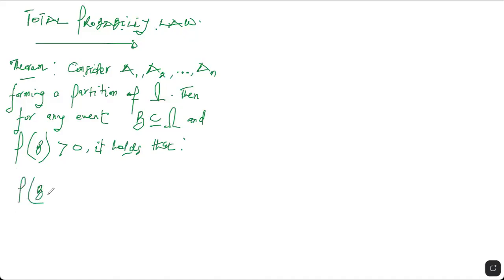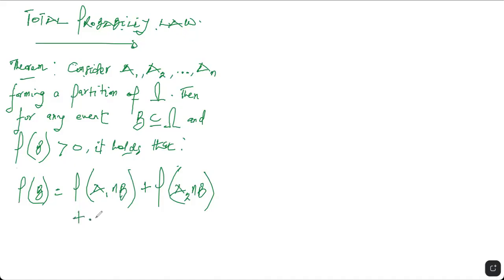So the probability of B is given by the probability of A1 intersection B, added to the probability of A2 intersection B, all right, plus all the way to the probability of AN intersection B. But of course, a more elegant way to write this is to say that we're taking the successive additions of the various probabilities.